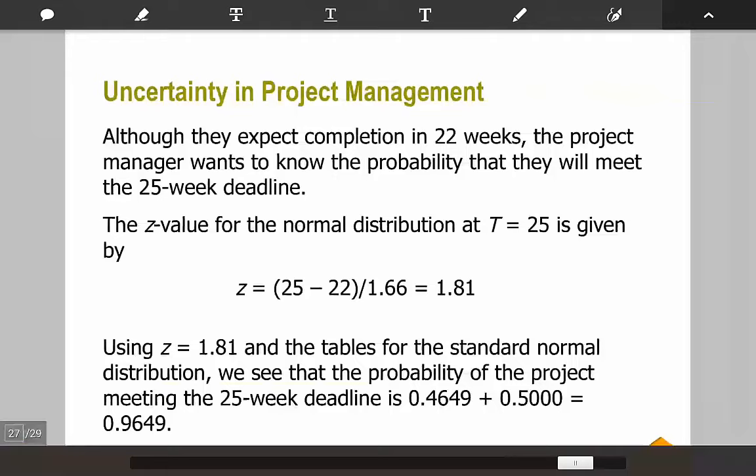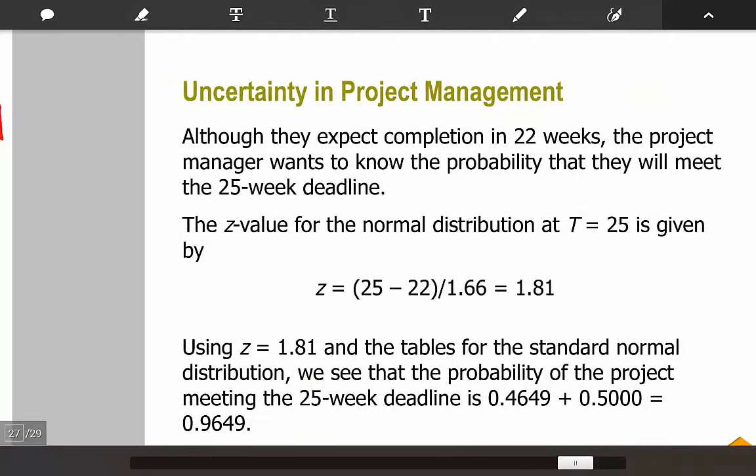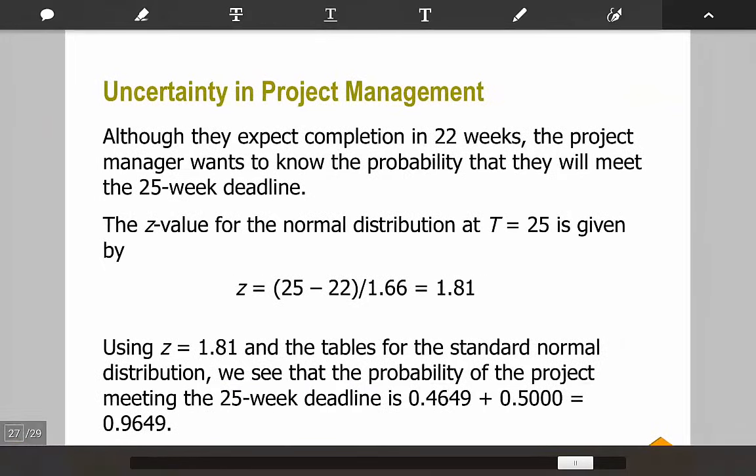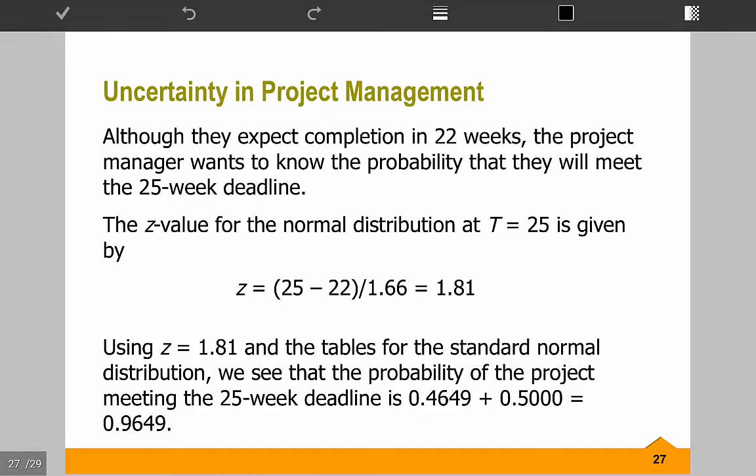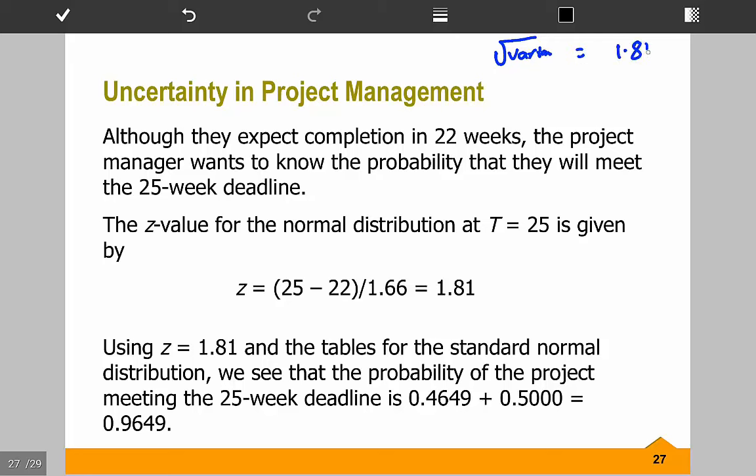Now we have already done this in our first chapter. Your mean is 22, your standard deviation is 1.66, and I'm asking you what is the probability of finding a value less than 25. That's what it sums up to. Well, you know from our previous chapter, it's easy to do.